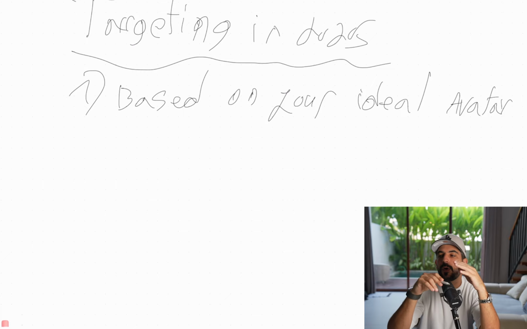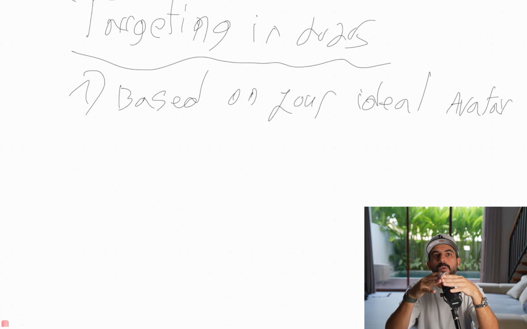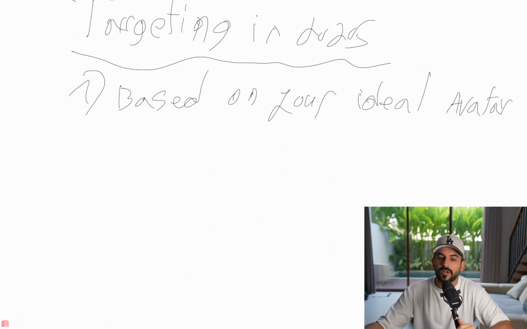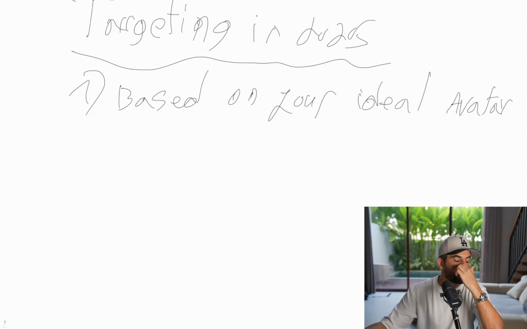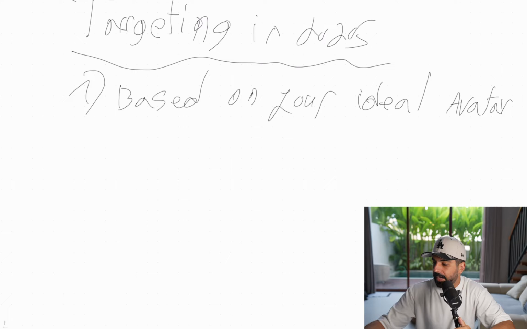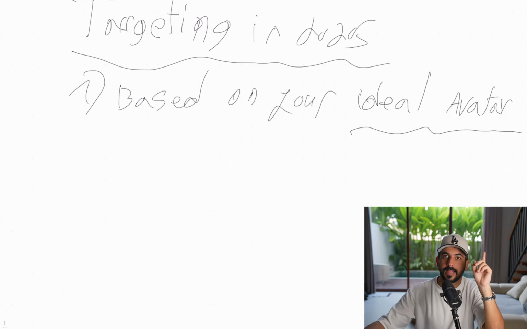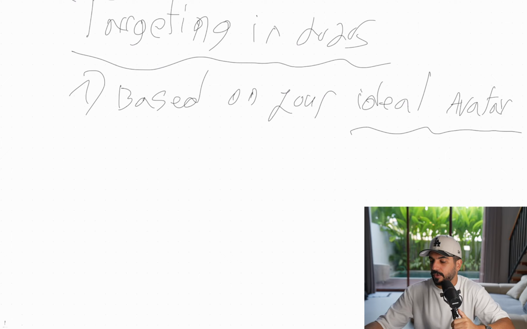What's their zip code? Who they are and how they look. And you can set all these things up in the ad set. Okay? So this is number one. You know better than any marketer who your ideal avatar is. And this should be at least one of your ad sets.